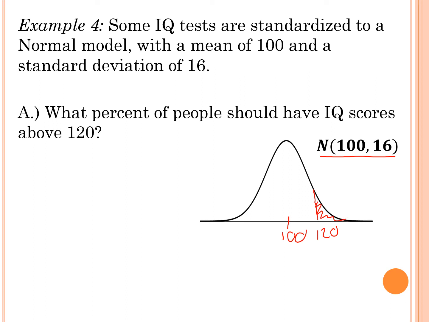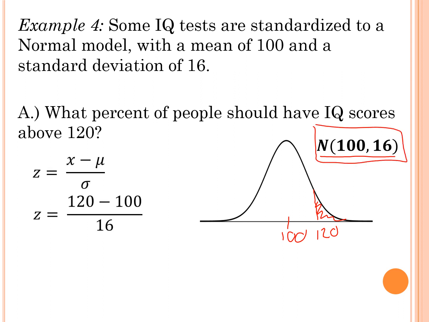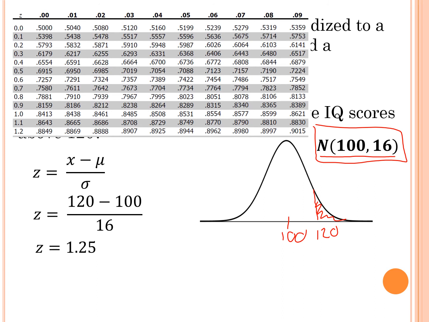Anytime we do a z-score problem, we want to draw this curve, have this written, along with the shading. Find the z-score, 120 minus 100 over 16. We get 1.25. Jump to the table, look it up. 1.25, 0.8944. And again, we want to do 1 minus that to get our answer. 10.56% of people have IQ scores above a 120.